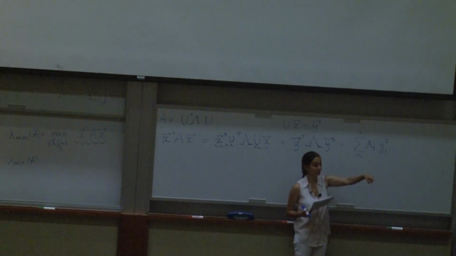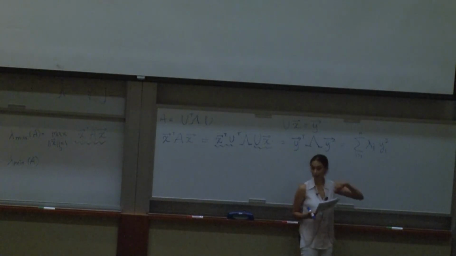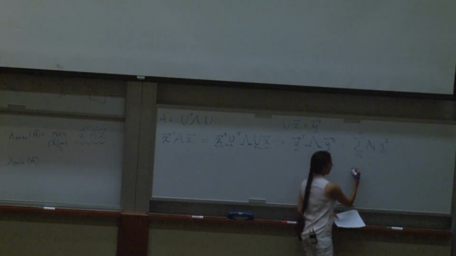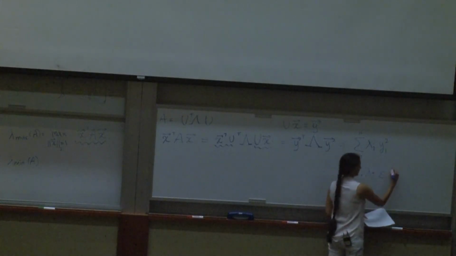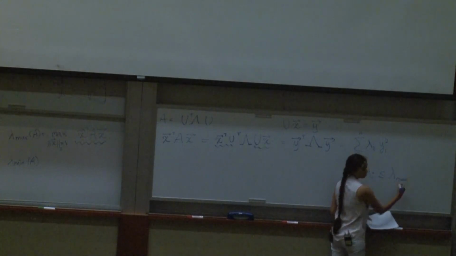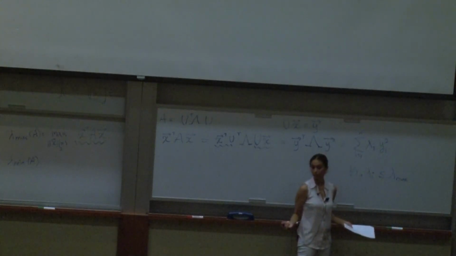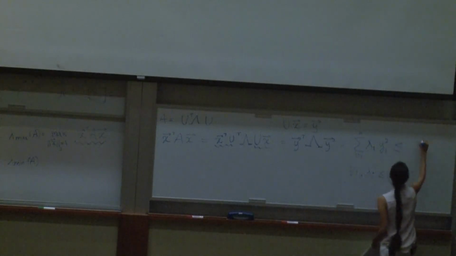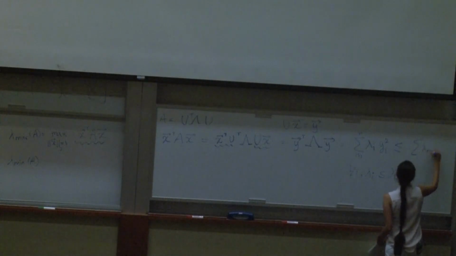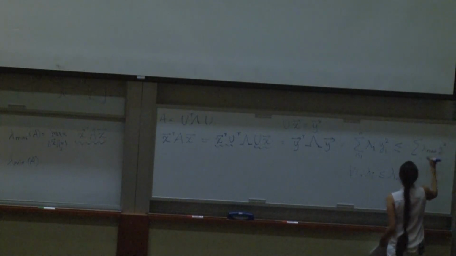Yeah. I can pull out the maximum eigenvalue, right? Every lambda i is less than lambda max. It's always less than the largest, right? So can I write this as less than or equal to lambda max times yi squared?